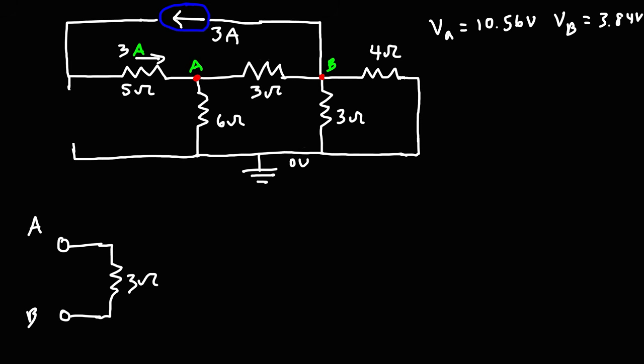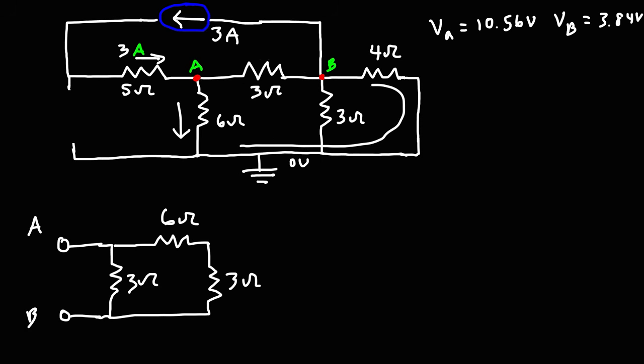Another way it can get to point B from point A is it has to go through the 6 ohm resistor first. So I'm going to draw that here. And then from the 6 ohm resistor, it can go through the 3 ohm resistor, and that'll take it to point B. Or, after going through the 6 ohm resistor, it can go through the 4 ohm resistor to get to point B.